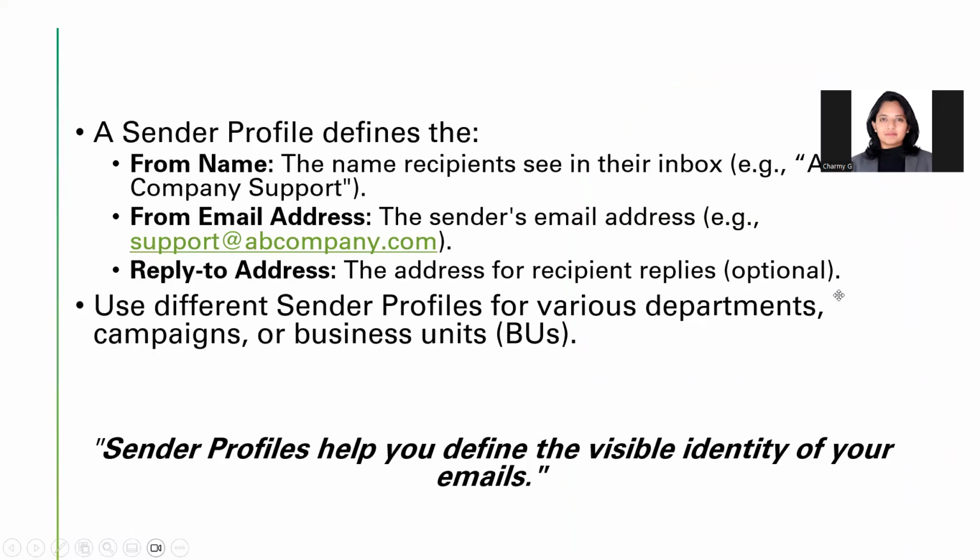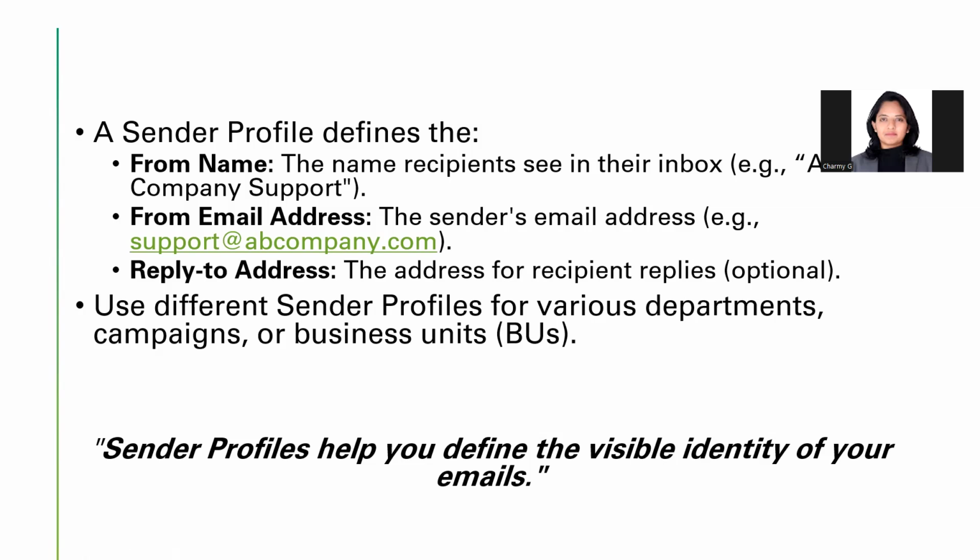Going next, sender profile. As we all know, sender profile is nothing but a from name, from email address, and reply to address, where you set these three items in your Marketing Cloud. This ensures that when a recipient is receiving an email, they will be able to identify from whom they are receiving the email.